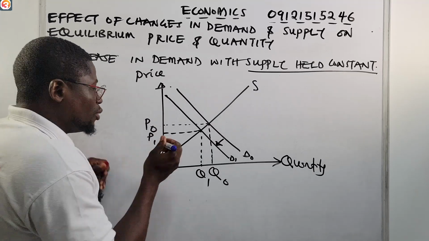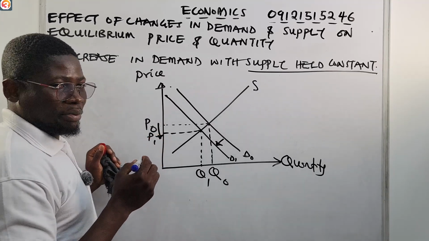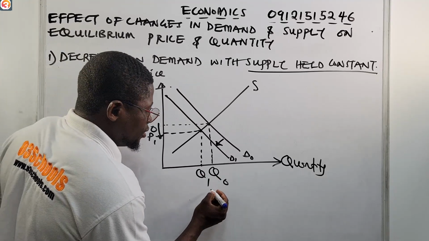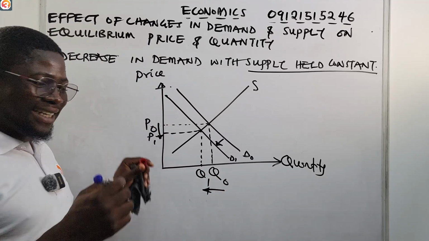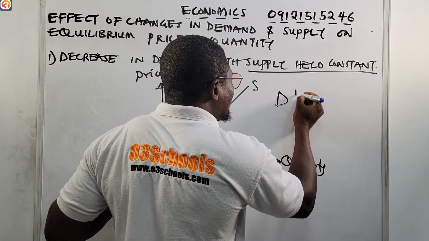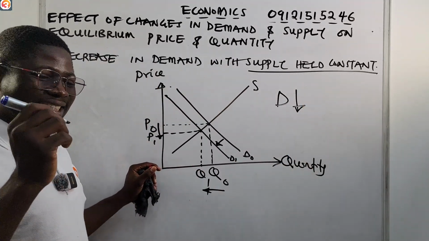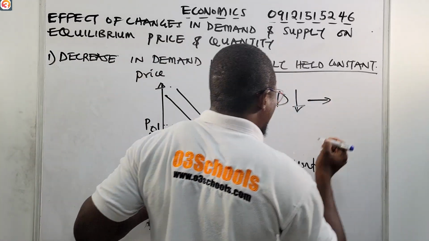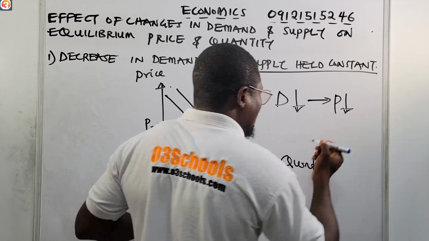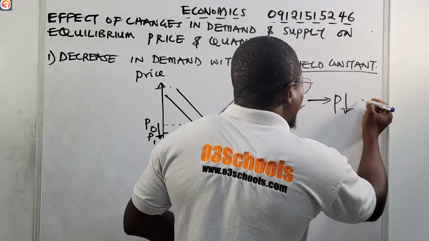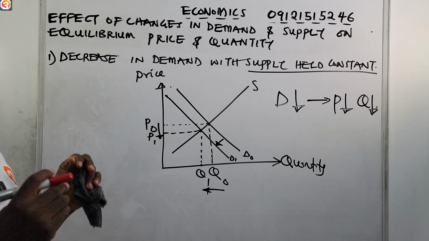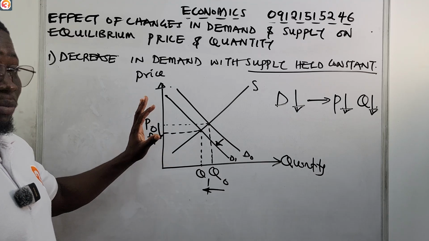So there's a decrease in price. Also from Q naught, it came to Q1, so there's also a decrease in quantity. So when there's a decrease in demand, it leads to a corresponding decrease in equilibrium price, and also a decrease in equilibrium quantity. Very simple. Just understand that for demand, that's what happens.